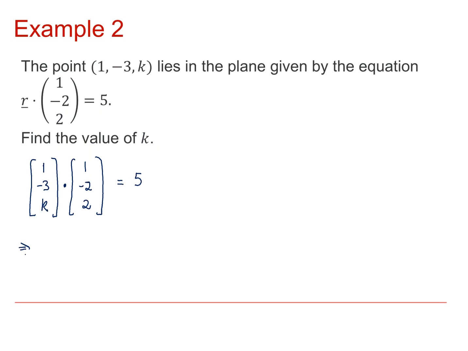So that means that 1 plus 6 plus 2k must be equal to 5. In other words, 2k must be equal to minus 2, and so k is equal to minus 1.